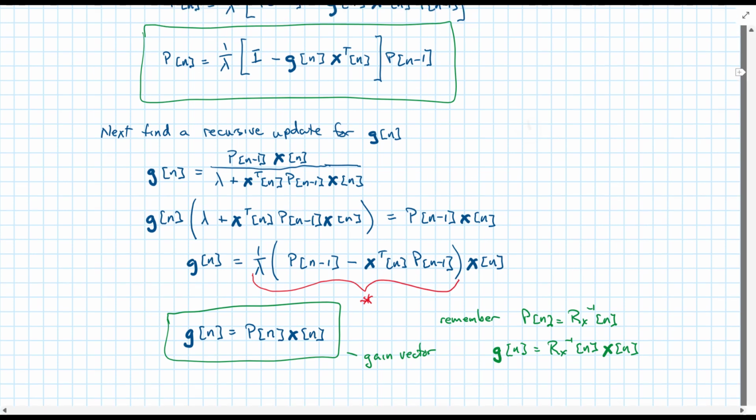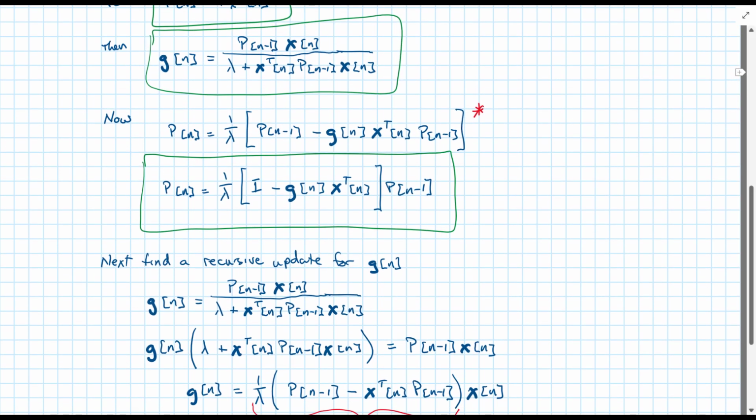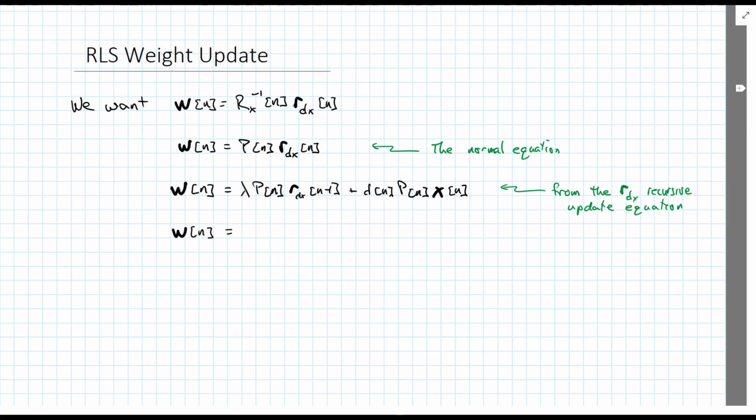As we looked at previously, lambda Pn from this equation in the middle here is going to be equal to I minus G of n x transpose n P of n minus 1. So as we come up with our weight update, we're going to be following this general procedure of trying to get everything in terms of something at the previous time whenever possible, except of course our dn and our xn, which have just been given to us.